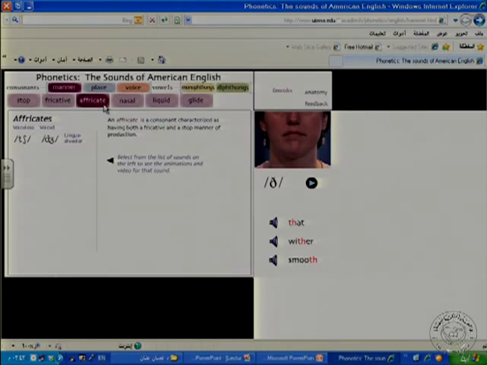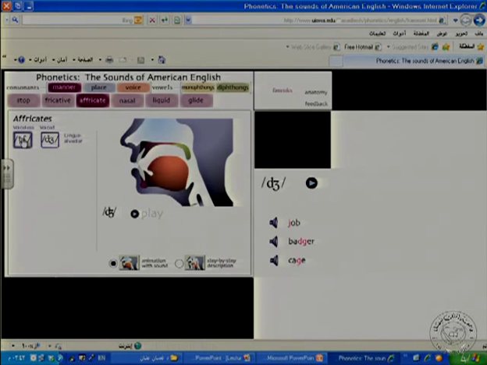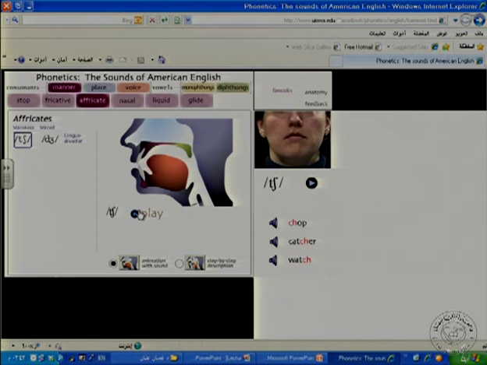If you change the manner into affricate, again we have ch and j. Ch, for example, see, ch, again. The tongue raises till it reaches the alveolar ridge. See again. See what exactly happened?